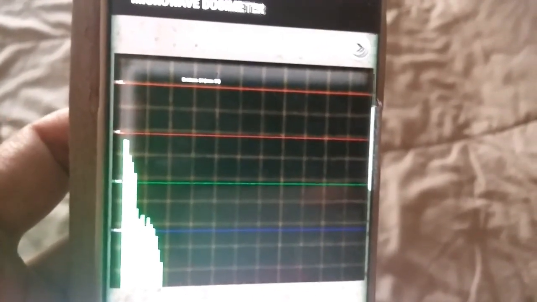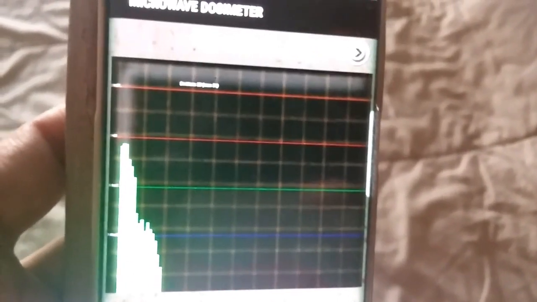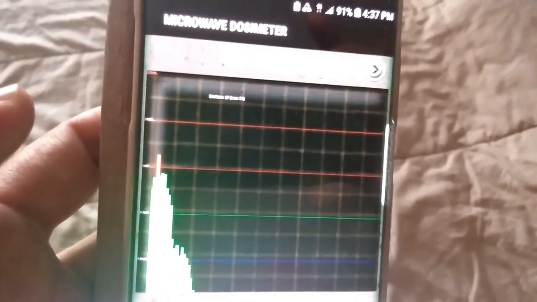There's a big jump. But what's interesting is that the readings in this particular room were much higher a few months ago. So that leads me to believe that these machines can be calibrated. See now it's spiked into the red. Maybe someone who creates these devices has turned them down a little bit.